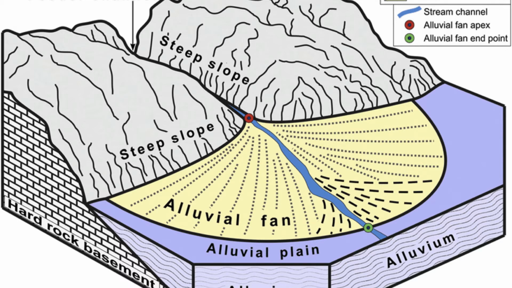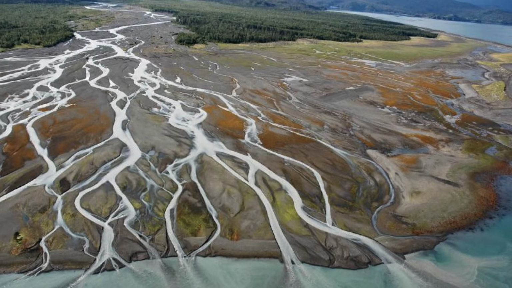There may be bigger deposits, larger boulders at the initial part of the alluvial fan, smaller deposits in the middle, and again larger deposits at the end. So there is no clear stratification. While in deltas, there is clear stratification. Initially there are somewhat coarser grains, and near the sea there are finer grains.